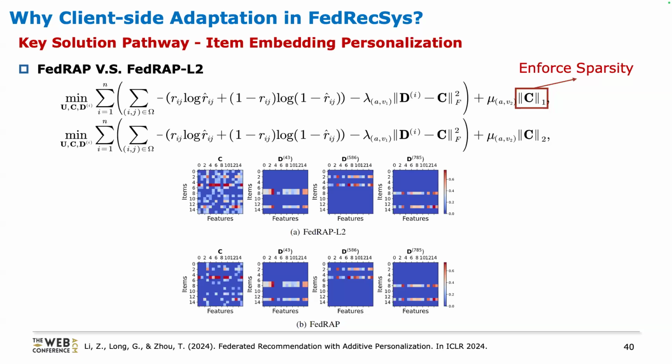This sparsity in C means we only need to store and transmit a tiny core embedding, while each client captures its fine-grained item preferences in a compact local vector. The result is far lower communication and storage overhead, with no loss and often a gain in recommendation accuracy.